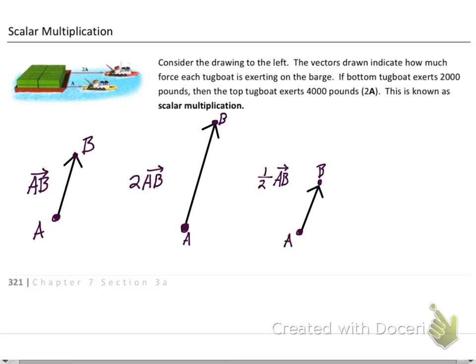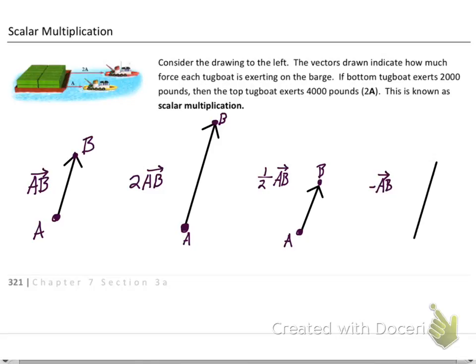Now the weird thing, gentlemen, about scalar multiplication is if I put a negative in front of it, this distance is going to be the exact same because I did not change the scale, so the size is going to be the exact same.